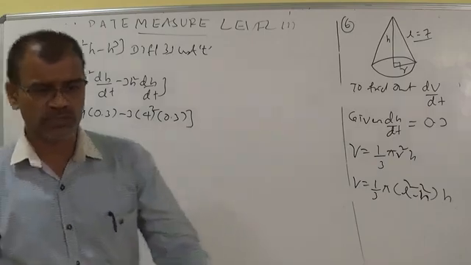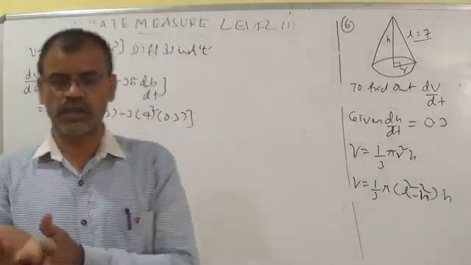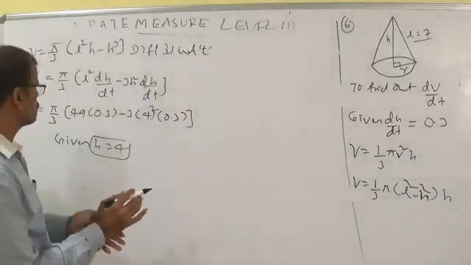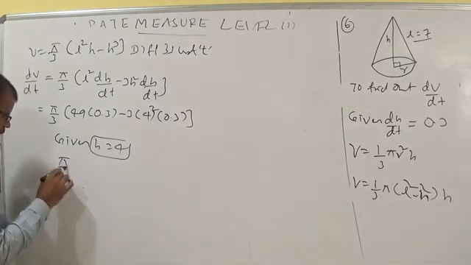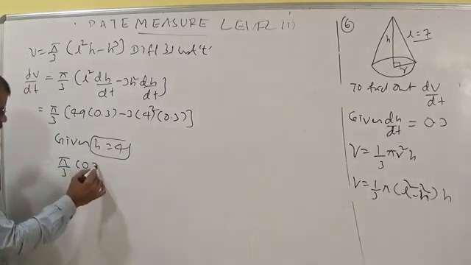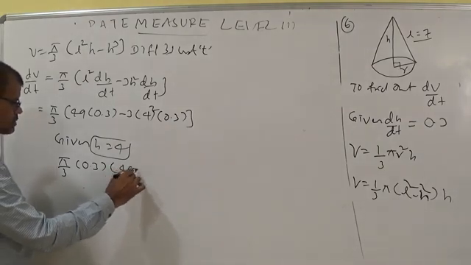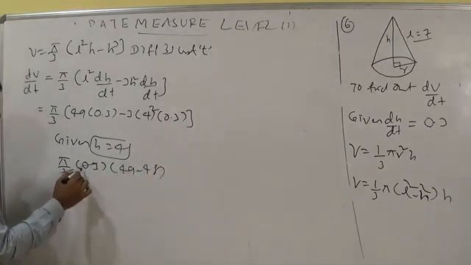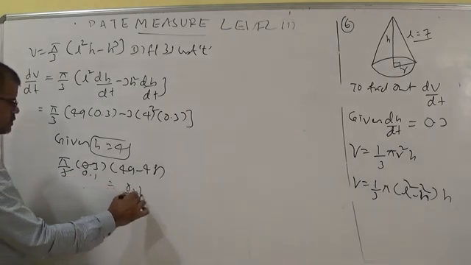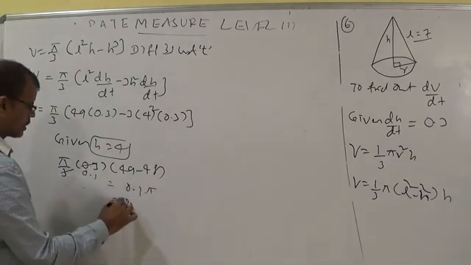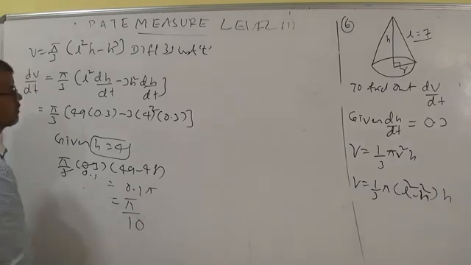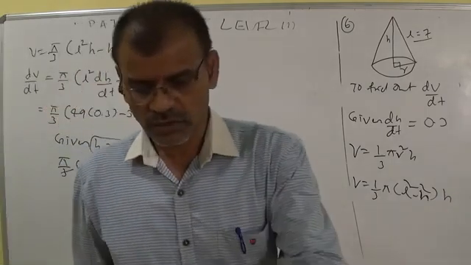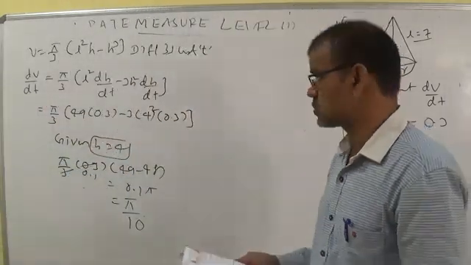If 0.3 you take common, pi by 3 into 0.3 into 49 minus 48, it is 1. So 3 will get cancelled, 0.1. So 0.1 pi, which is given as pi by 10, first option.